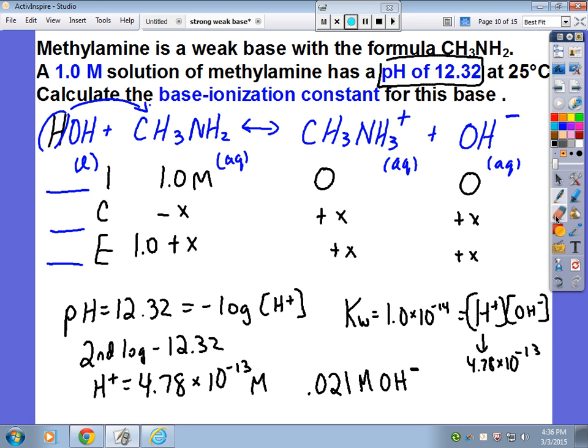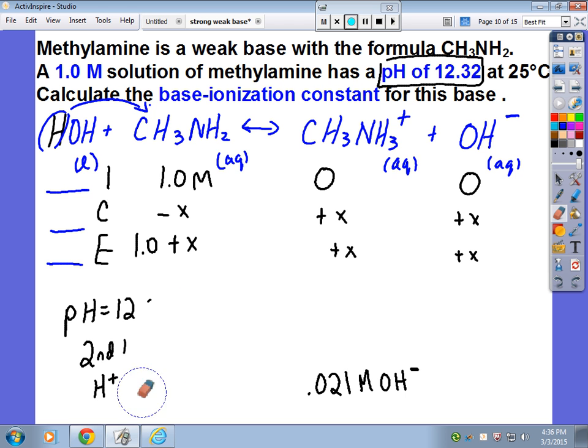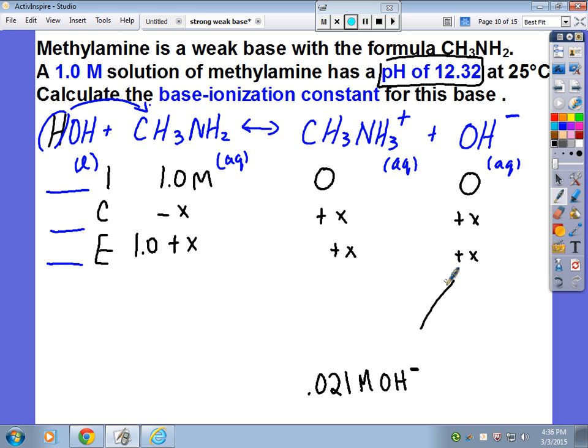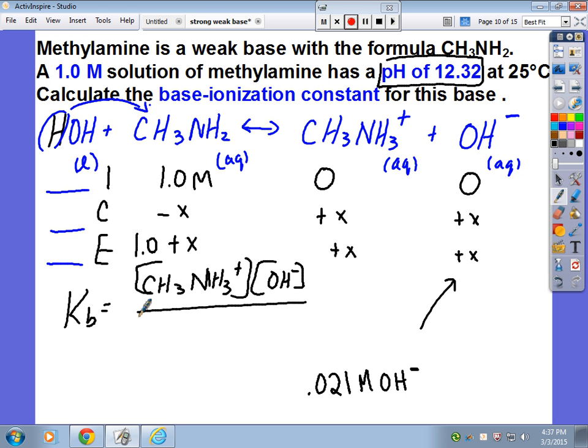So what do I know? I know my X, don't I? I know that X is equal to this. Right? Now what does that mean? That means if I know X, can't I solve for my Kb? What is Kb? Kb is equal to this ion times this ion over this methylamine.